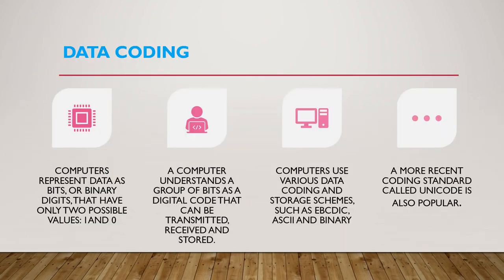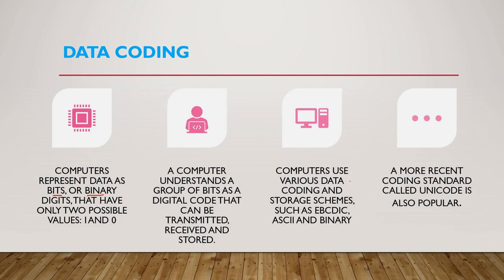Okay. Right. The next part is on data coding. I do not think you have a problem with data coding, because for computers, data is represented as bits, or binary digits. So it only has two possible values, 1 or 0. The computer understands a group of bits as a digital code that can be transmitted, received, and also stored.